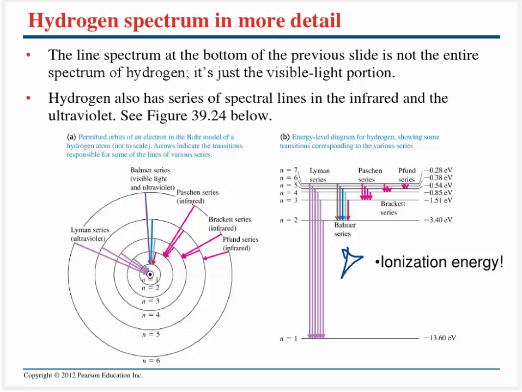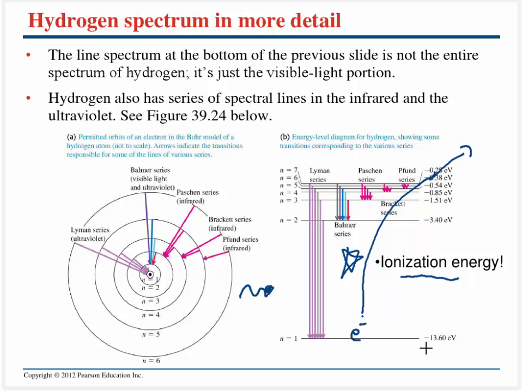Now, one important form of energy I want you to realize is something called the ionization energy. That's when we have an electron in the ground state, and a photon comes in with enough energy to ionize this atom, which essentially means take this electron and knock it totally out of the atom.